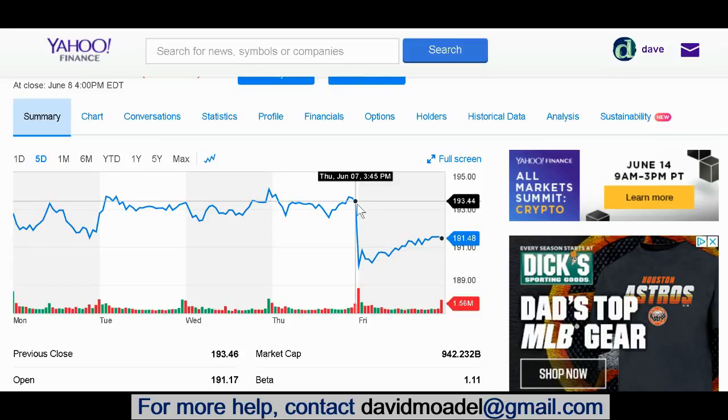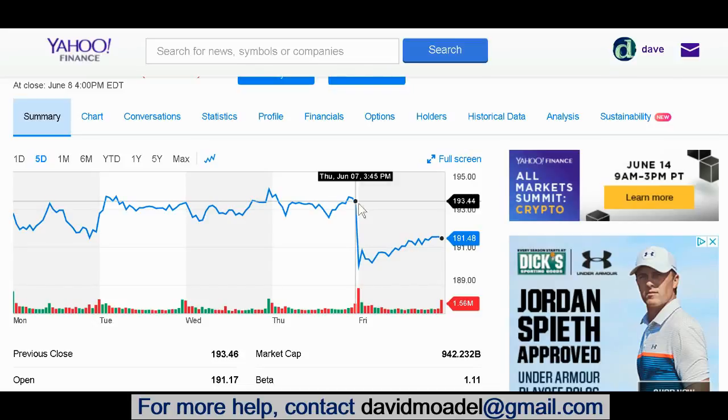If there's bad news about Apple overnight or in the early morning session, that can cause the price to drop. Then when you wake up the next day and it's 9:30 a.m. Eastern Time, the price is lower than where it closed the previous trading day. This would be called a gap down.